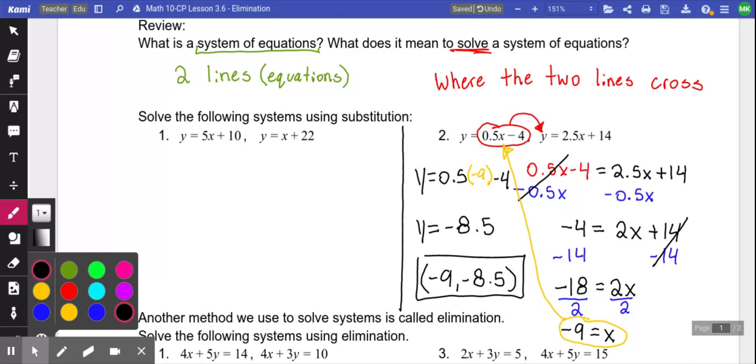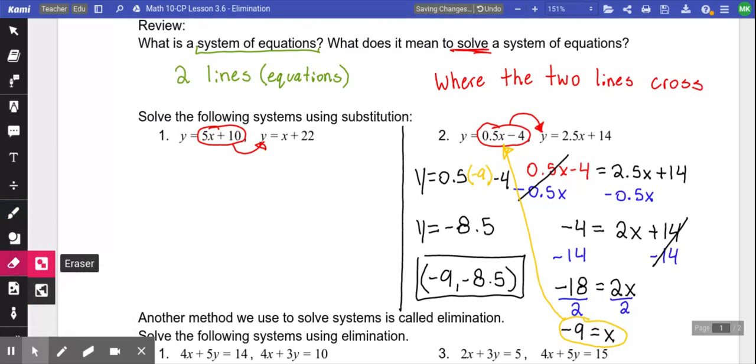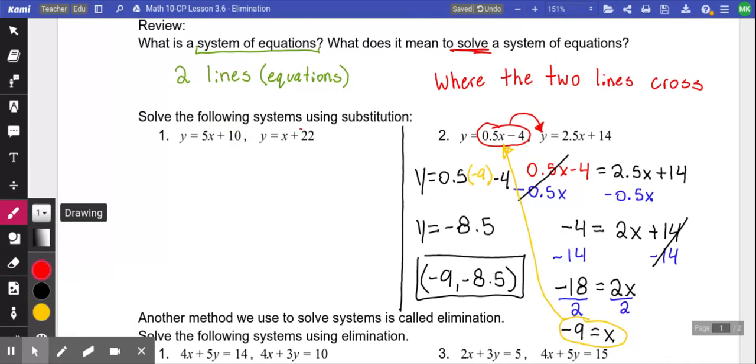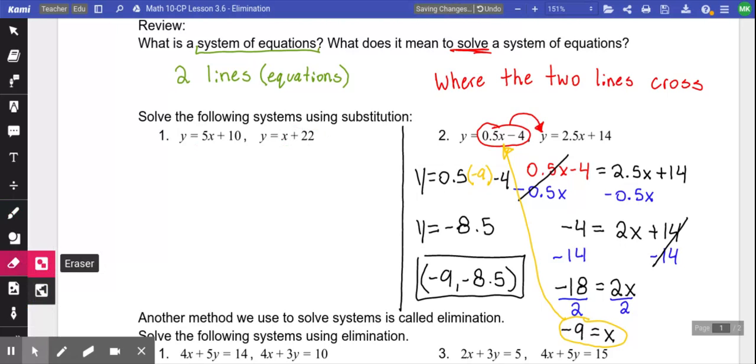Because when I say substitute this equation into this spot, I could also substitute this equation into this spot. It still would work because I'm still changing y to be something else that it equals. That's still fine. It's just a different route, right? So you could get the same answer by doing something slightly different.